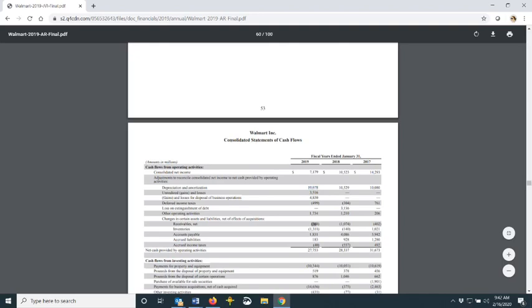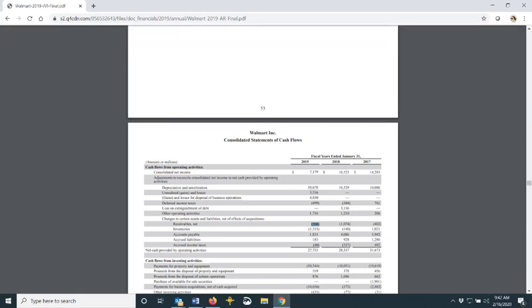When we come down here, we see that the change in receivables caused their cash flow to go down, so that must mean that the receivables went up $368 million. Quick pause here. Remember, this is always in millions. Their receivables must have gone up $368 million, which meant that their cash flow effect was that it went down.